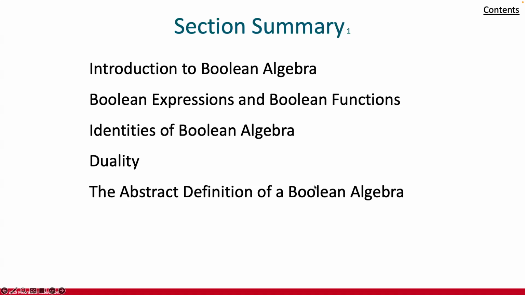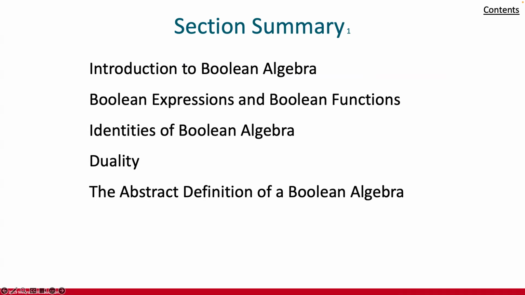We'll look at Boolean expressions and Boolean functions, identities of Boolean algebra, duality, and the abstract definition of a Boolean algebra. So it'll be fairly straightforward. Maybe there are a few things where you'll have to get familiar with the syntax, but that's been true in a lot of the areas of Rosen when we're looking at number theory and how we're applying it to discrete mathematics.